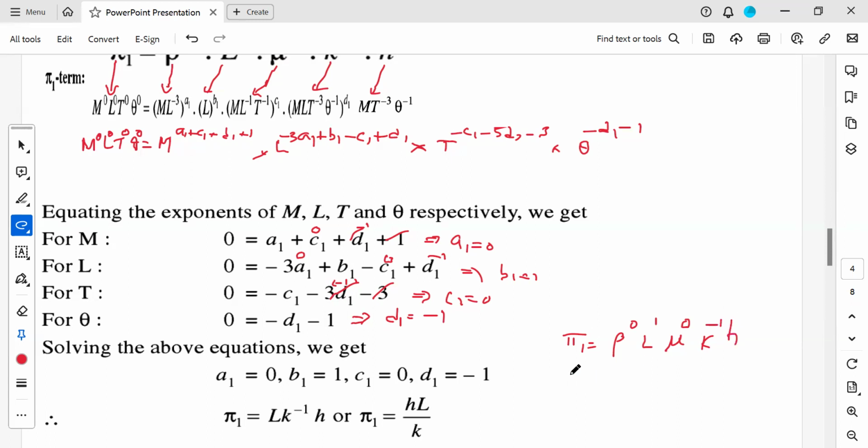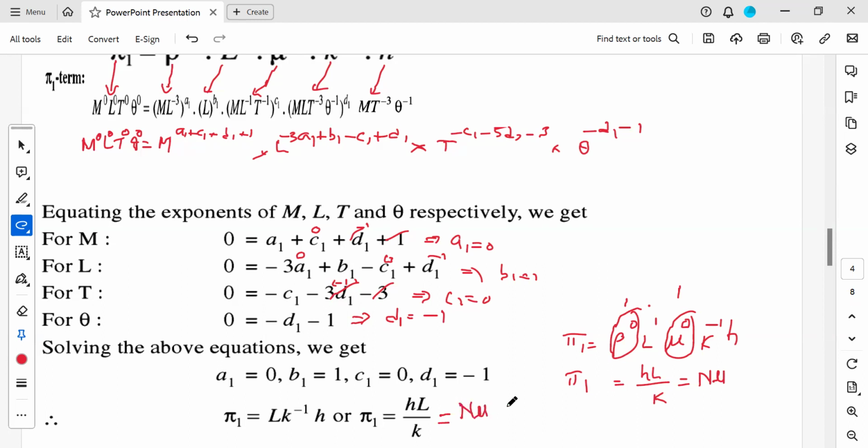So all of these become 1, and you get pi 1 equal to h into L, and K power minus 1 becomes 1 by K. So this is called the Nusselt number. So we proved the pi 1 term is nothing but the Nusselt number.